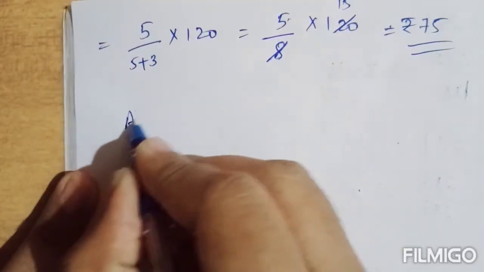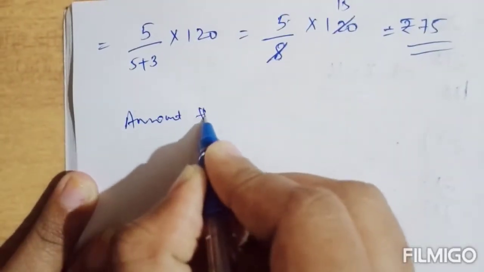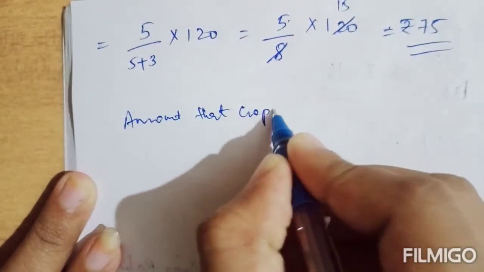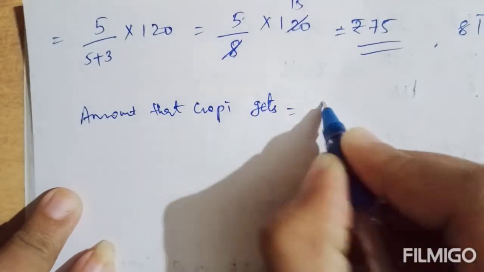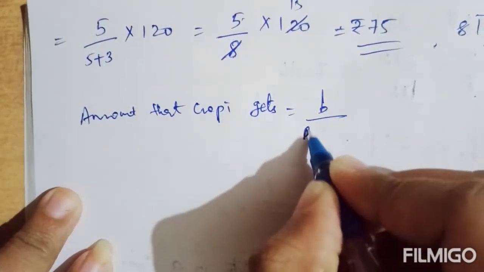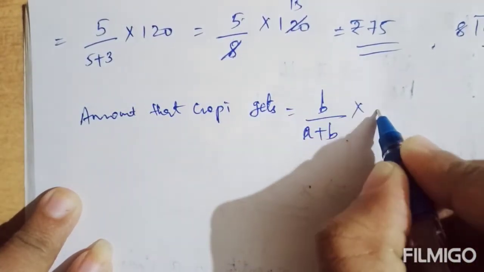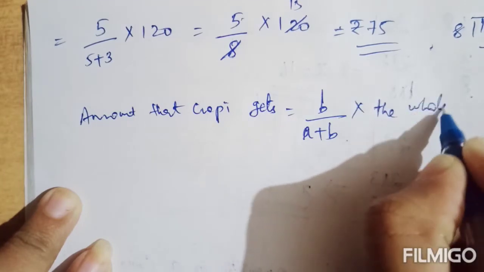Okay, next we have to find the amount that Gopi gets. That is the second part. The formula is B by A plus B into the whole quantity.